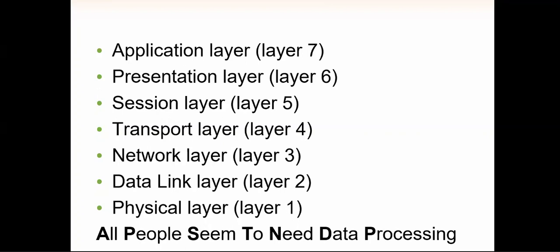Then we also have the session layer. That's layer 5. Session layer keeps different applications separate from the other. If you open your computer, sometimes on your browser, you can open WhatsApp, you can open Instagram, you can open Gmail, you can open about 4 or 5 applications at a time.